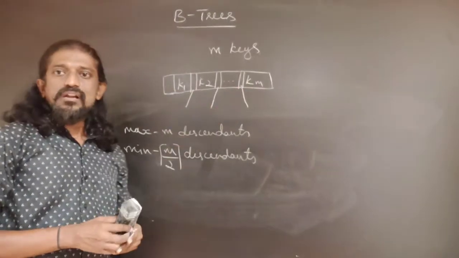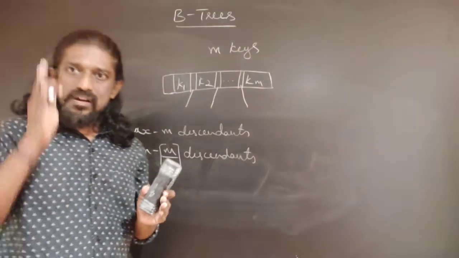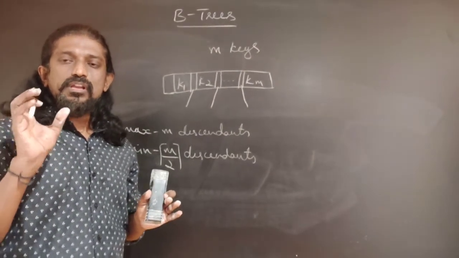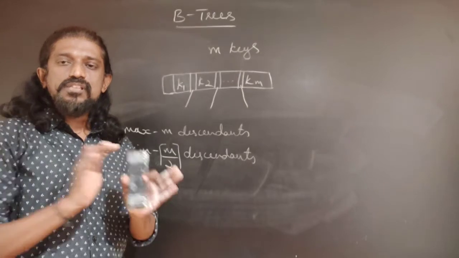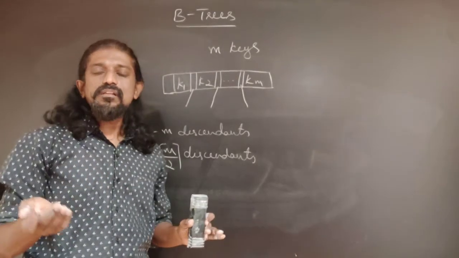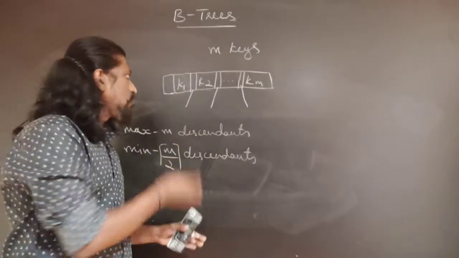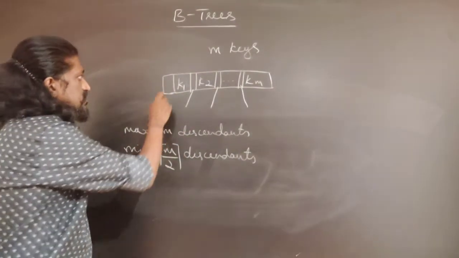If a B tree node has 100 keys, then at most it will have 100 descendants and at minimum it should have 50 descendants. A B tree node with fewer than 50 descendants cannot exist. What to do when the number goes below 50 or above 100, we will see in a while. Before that, let us understand some more things.